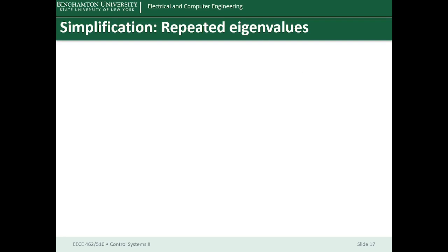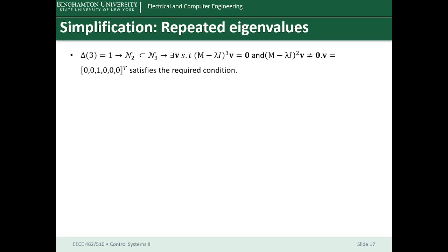Now let's see how we can actually define the generalized eigenvectors for this example. We start from the highest power we used in our previous analysis. From before, we found that delta 3 equals 3 and that the null space of the second power, N2, is a subspace of the null space of the third power, N3.